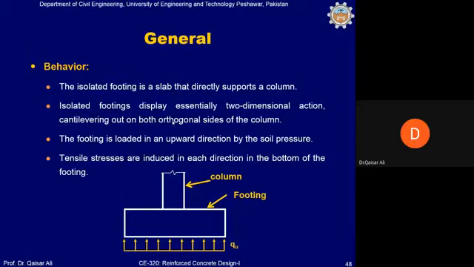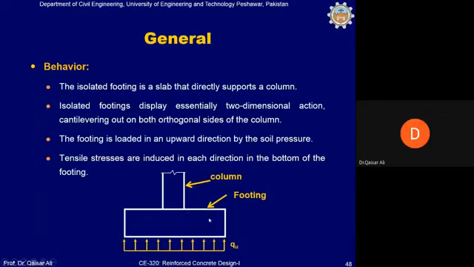The behavior of isolated footing is like a slab that directly supports a column. An isolated footing displays essentially two-dimensional action, cantilevering out in both orthogonal sides of the column, unlike wall footing. If you remember, the wall footing basically displays one-dimensional action because it is very long in one direction and short in the other direction.